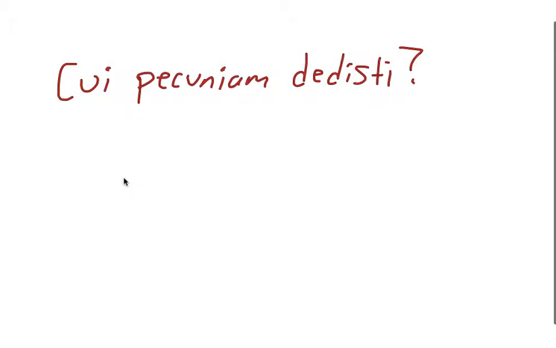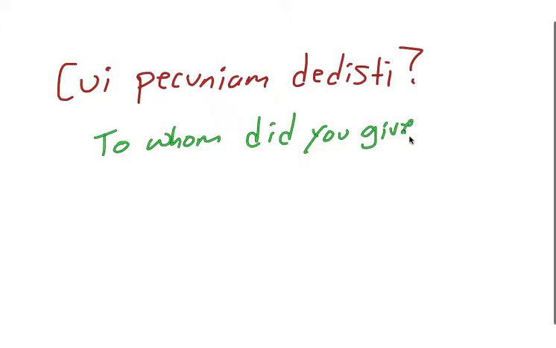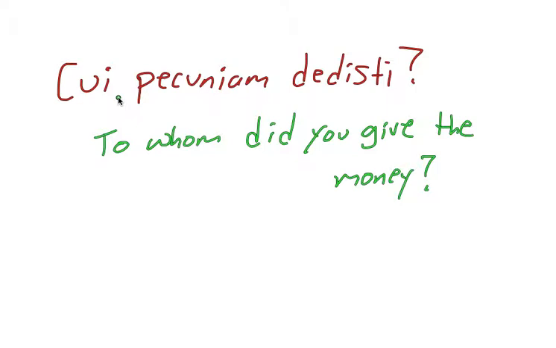Okay, so qui, to whom dedisti did you give pecuniam, the money? To whom did you give the money? Okay, so pecuniam is the direct object of give, but qui is the indirect object, and we're just using it to ask a question.